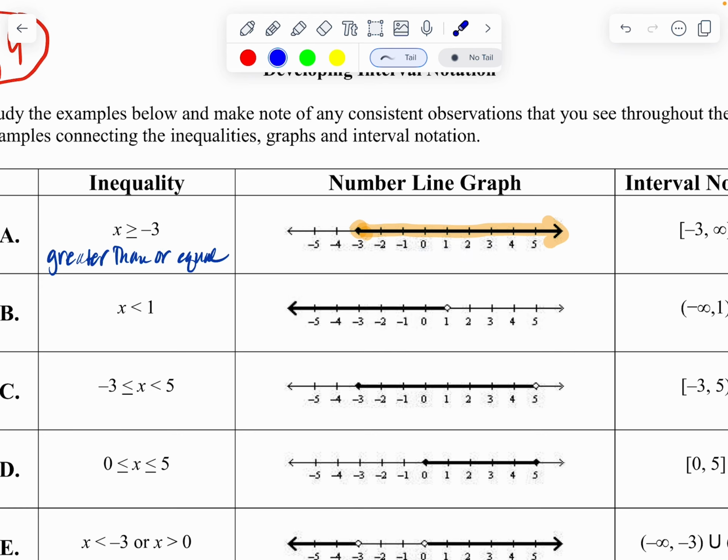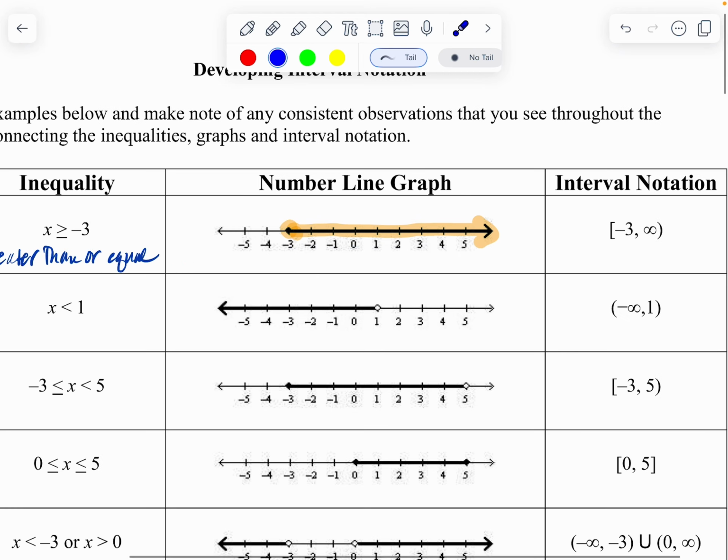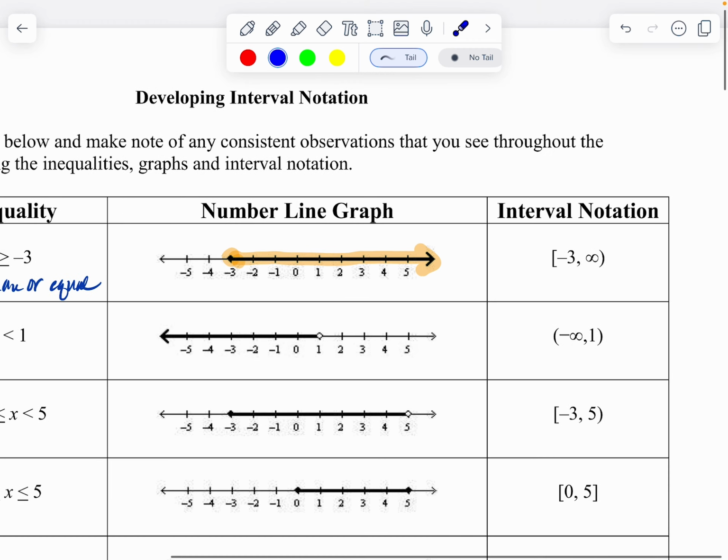Well, in mathematics, a lot of times we use interval notation to talk about the exact same thing. Here's the interval notation that matches up with this inequality and the number line graph. I just want you to notice what's happening here. We've got a bracket, then -3, then a comma, infinity, and then a parenthesis.